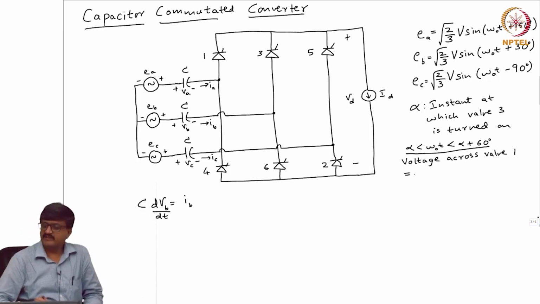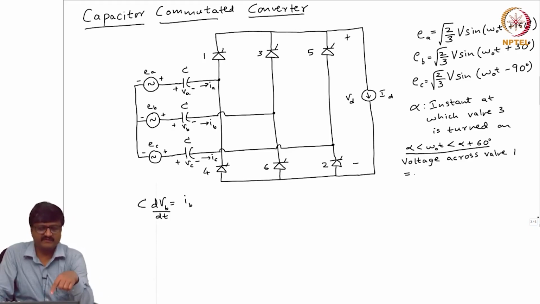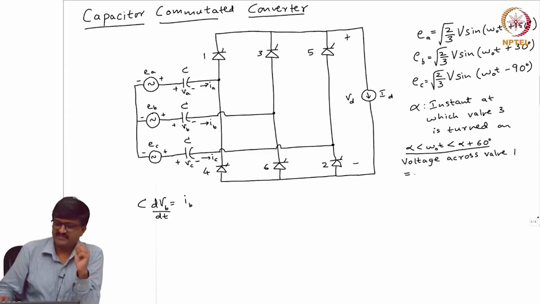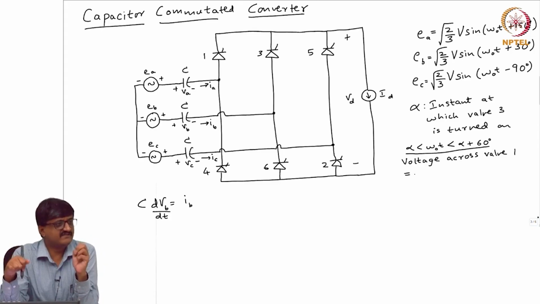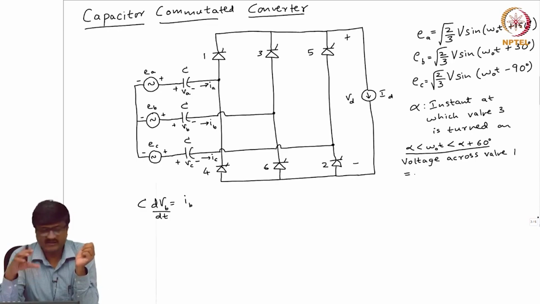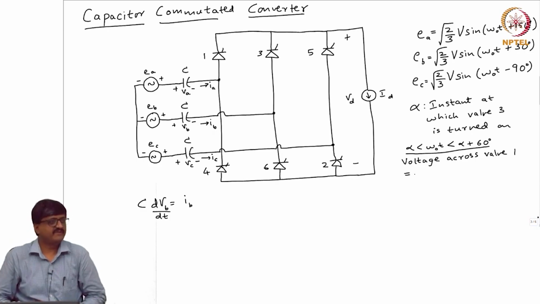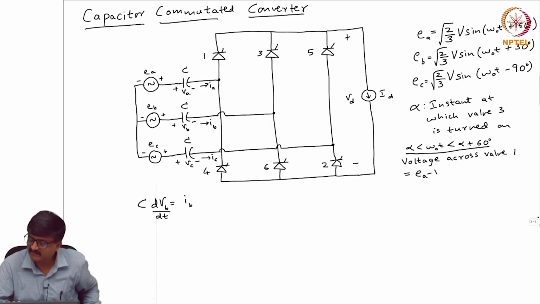So we can try to get the expression for the voltage across valve 1 from the circuit. Alpha to alpha plus 60 means valve 3 is conducting. It is irrelevant whether valve 2 conducts or not, valve 3 is conducting. By Kirchhoff's voltage law, valve 1 has stopped conducting, so the voltage across valve 1 is EA minus VA minus EB plus VB.